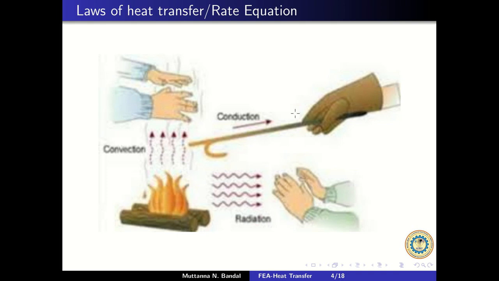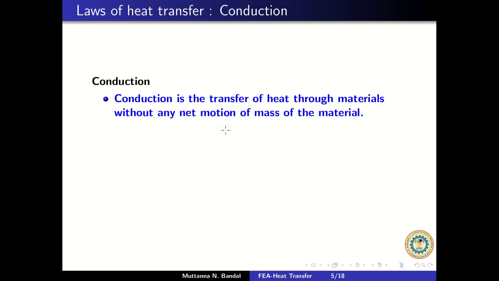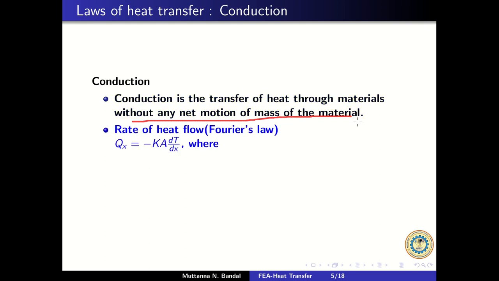So once we understand the definitions of conduction, convection and radiation, now we can put them into mathematical form. So this is the definition of conduction. Conduction is a transfer of heat through the material without a net motion of the mass of the material. That is given by the rate of heat flow.